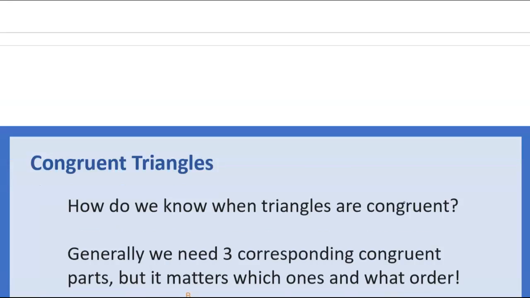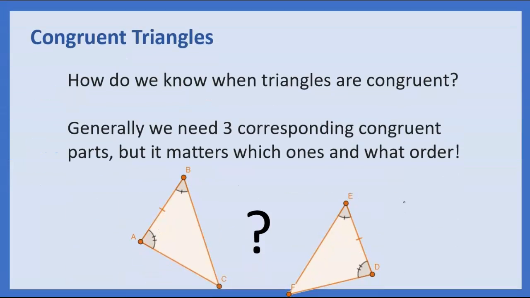All right, so with that in mind, let's talk about some congruent triangles. How do we know when triangles are congruent? We talked about this a little bit in the last lesson. And we asked, do we need all 6 congruences, as in 3 sides and 3 angles, or do we only need some of those? And we decided, actually, we only generally need 3 corresponding congruent parts.